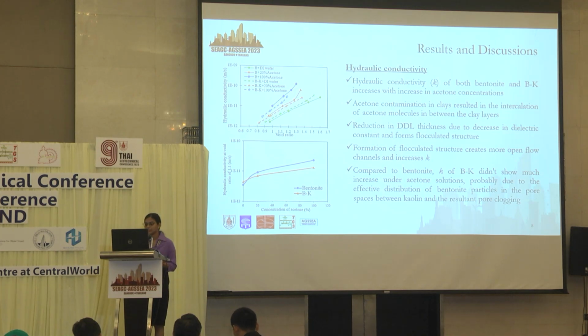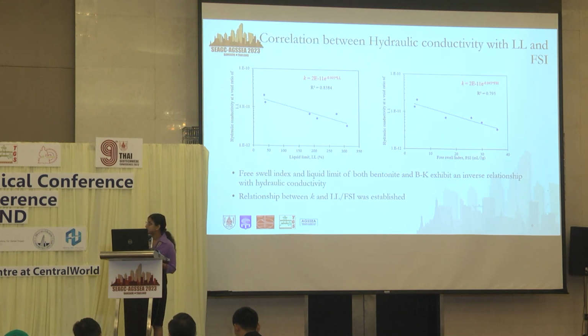This is probably due to the effective distribution of bentonite particles in the pore spaces between kaolin and the resultant pore clogging. From our study, we have found a relationship between hydraulic conductivity and liquid limit, as well as hydraulic conductivity and free swell index, expressed in equation form.